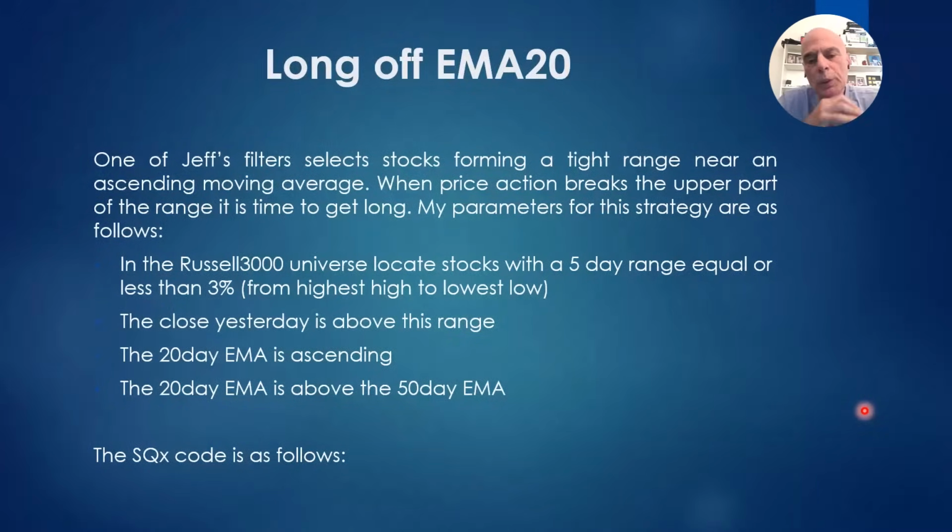So basically what we want to do is locate stocks that have an upward sloping exponential moving average for 20 days. But over the recent few days, they're experiencing a constrained range. And we're on the lookout for the stock to close above this particular tight range. So what I've done is on the Russell 3000 universe, I look at the 5-day range.